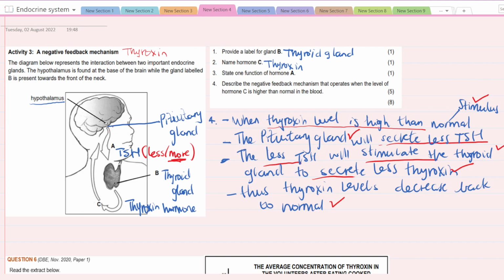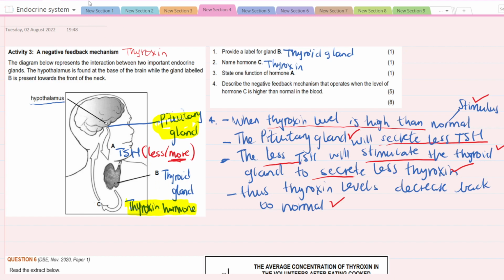So remember, you have your pituitary gland. Here it is, the one that monitors everything. Then what it does is it will read how much of the hormone. Let's start here. Here's your thyroxin hormone.